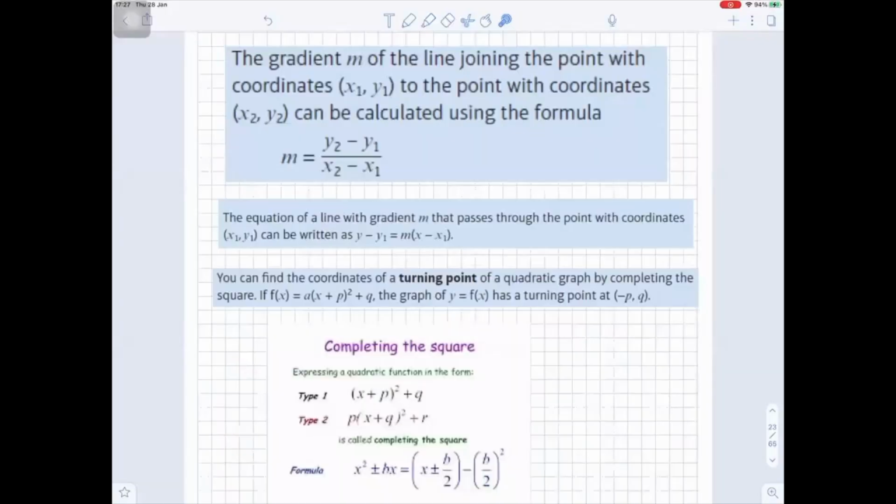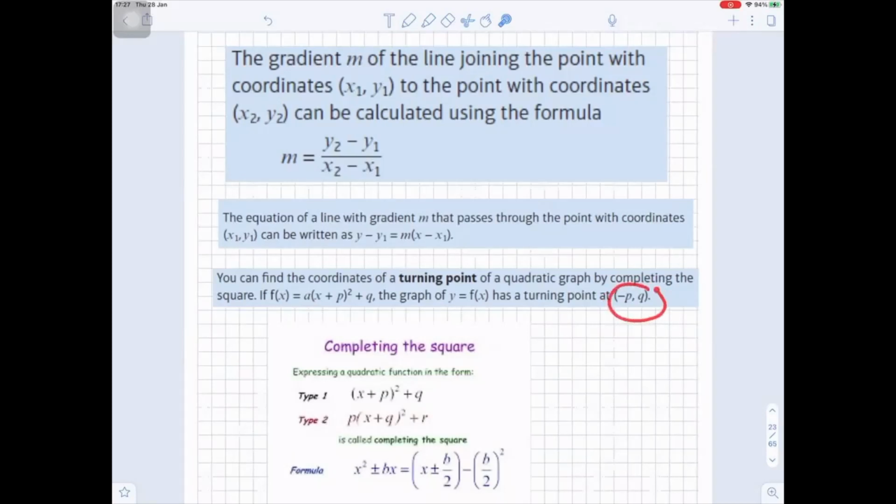To solve this question, we're going to use this formula. The gradient of a line joining the point with coordinates x1, y1 and x2, y2 is given by that formula. We're also going to use this formula, y minus y1 equals m bracket x minus x1. And we're also going to use this one, f of x equals a bracket x plus p all squared plus q, and the turning point is minus p, q.